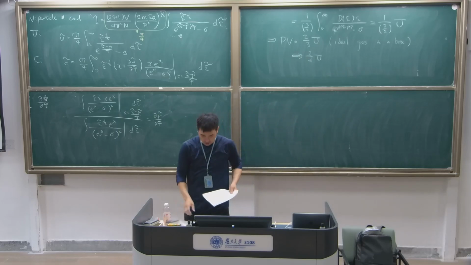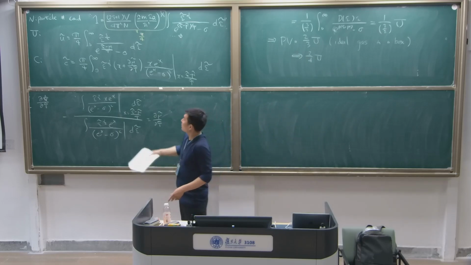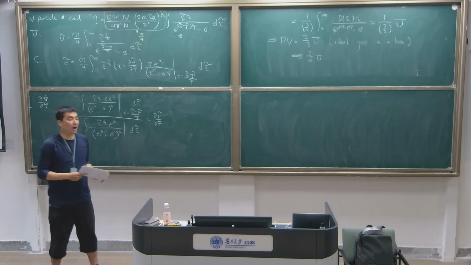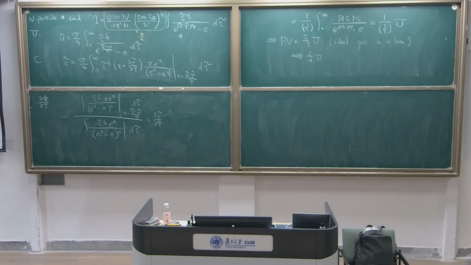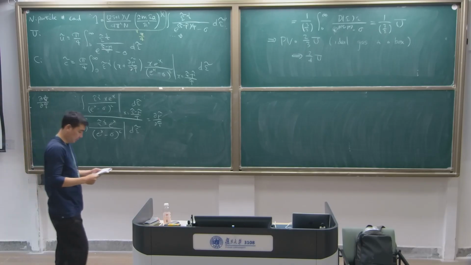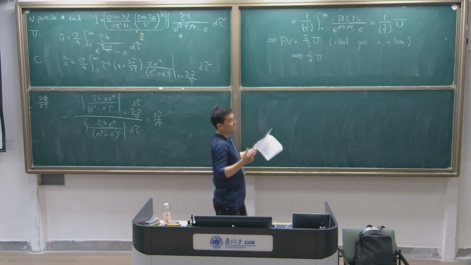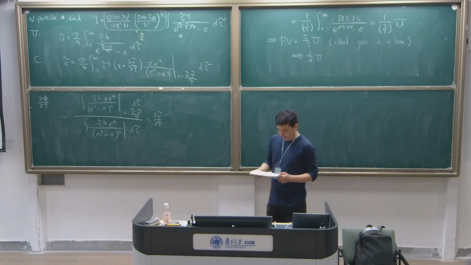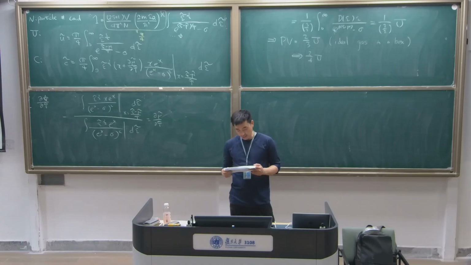So using this relation, we try to see the high temperature and low temperature limit of this ideal gas, the limit of thermodynamic quantities of the ideal gas, and how they depend on the temperature.